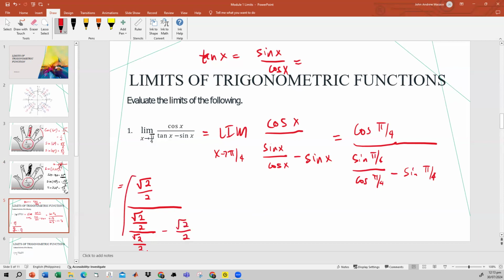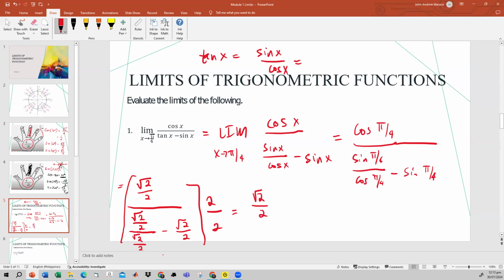So in that case, class, if you have a fraction over a fraction, then you just need to get the LCD. So the LCD is basically 2, so you just need to multiply the numerator and the denominator by 2, right? So in that case, this will become equal to what? This will become equal to square root of 2 over 2.